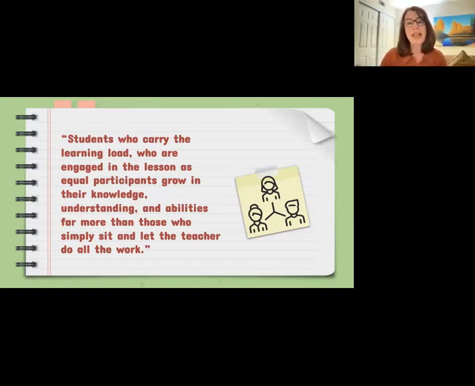Sometimes we find in our classes that some of the students are really engaged and others are not. So another thing to think about is not just engaging some of our students, but all of them. How do we ensure that all of the students are involved in answering the questions, sharing, talking and participating?